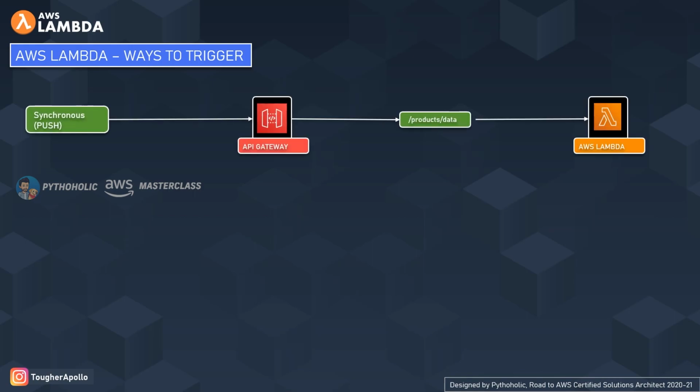Now let's understand the three trigger points that we already discussed, carefully one by one. The first one is the synchronous push, where we use the API Gateway and trigger an API, that is product/data, and it executes the code present at Lambda. So this is a synchronous call, or a synchronous push. When you summon the API by sending an HTTP request, you get the response, and that's how the synchronous push works.